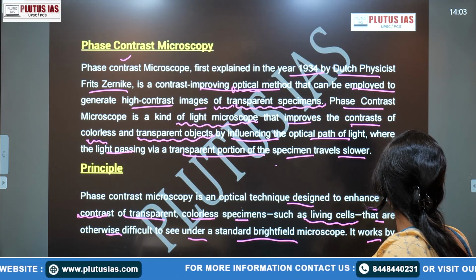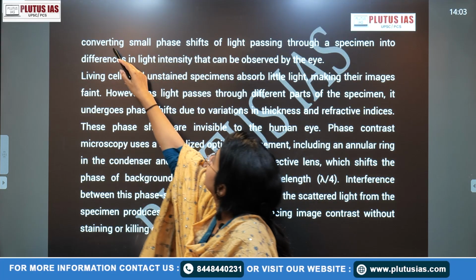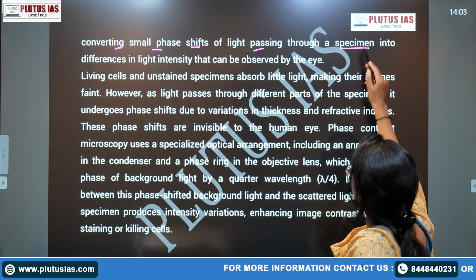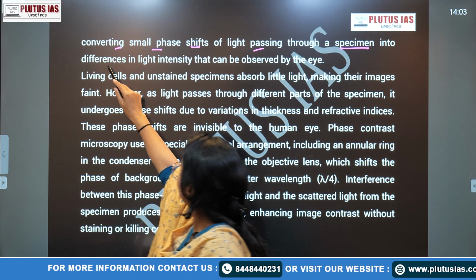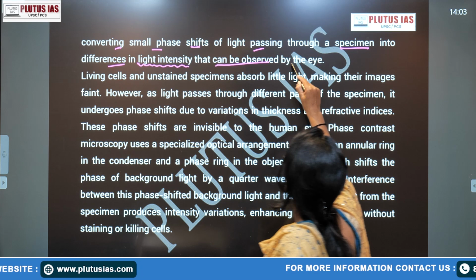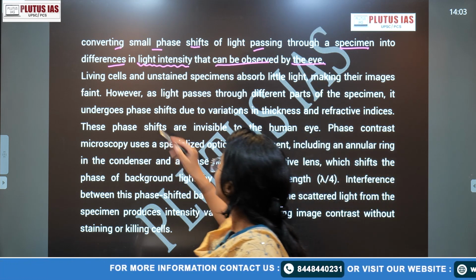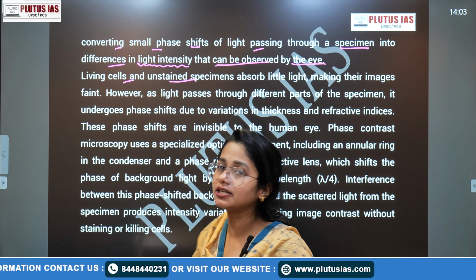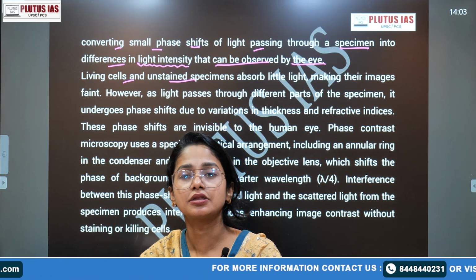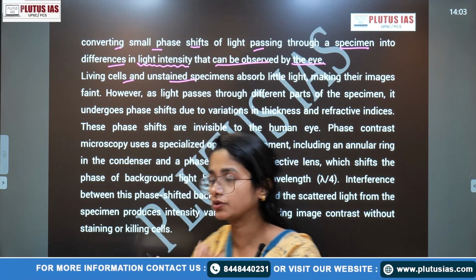Okay, so under the microscope it works by converting small phase shifts of light passing through a specimen into differences in light intensity that can be observed by the eye. Then living cells and unstained specimens. Again I'm pointing out here, in phase contrast microscopy no coloring agent is used.